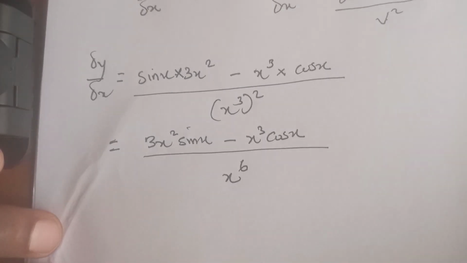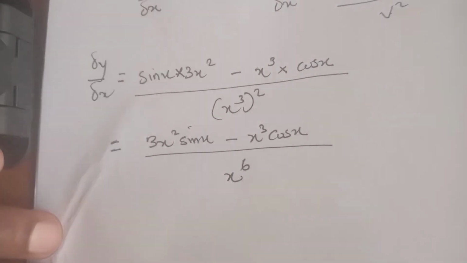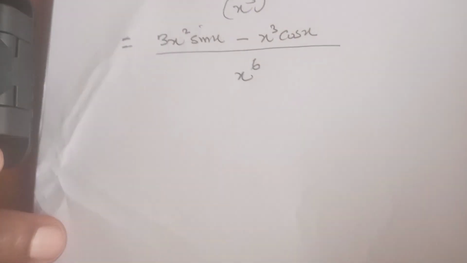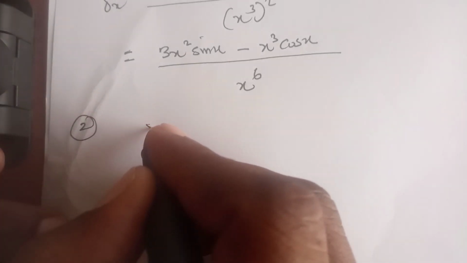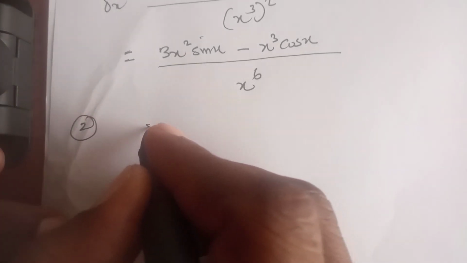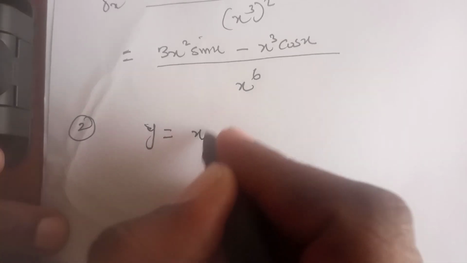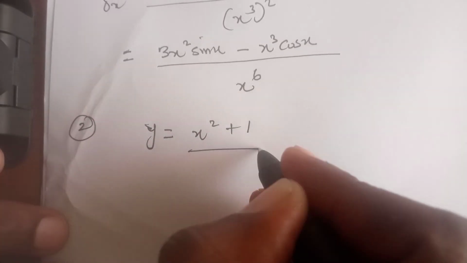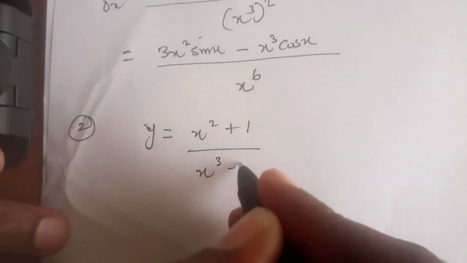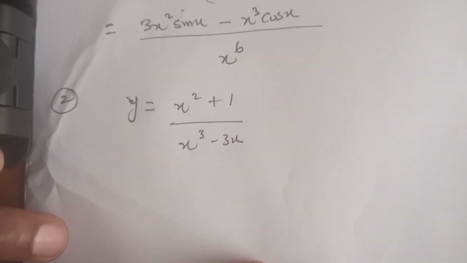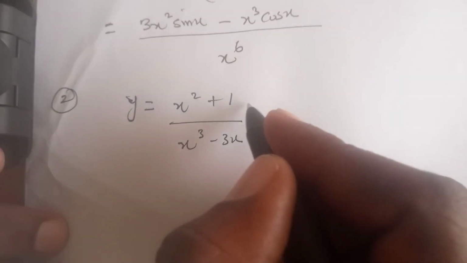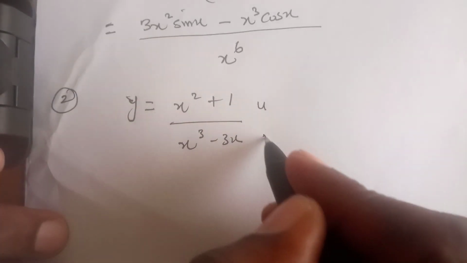All right. Now let's solve another example of quotient rule. If y equals x squared plus 1 over x cubed minus 3x, find the dy dx. It is very, very simple. I'll make this one u and this one v.